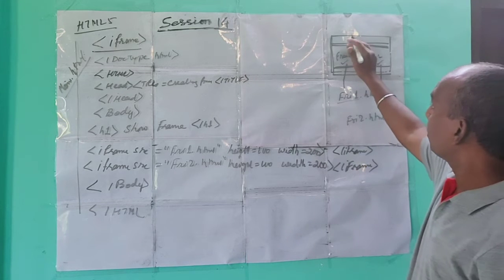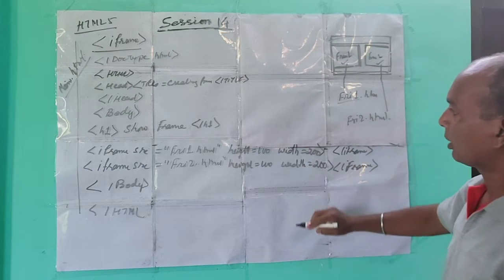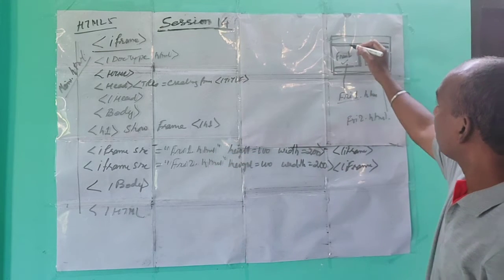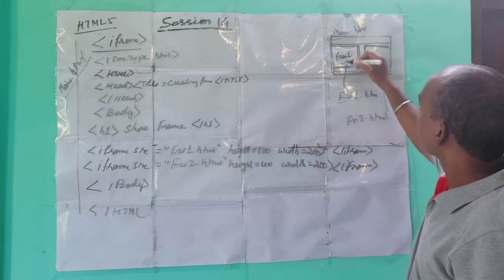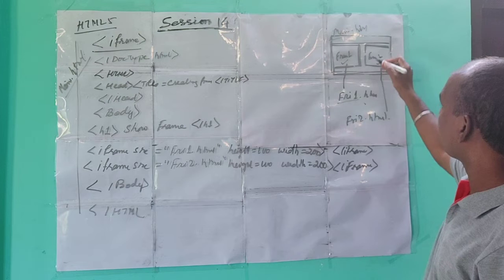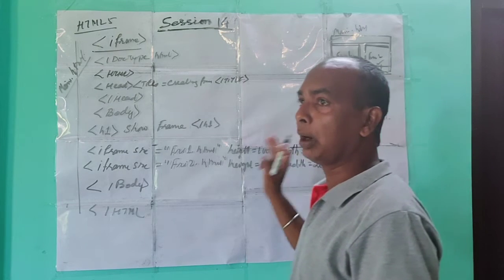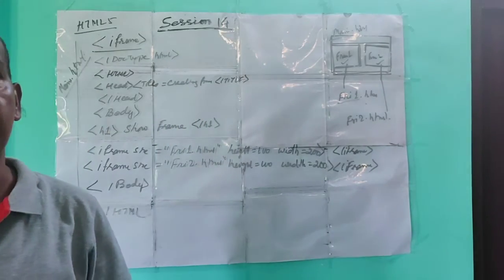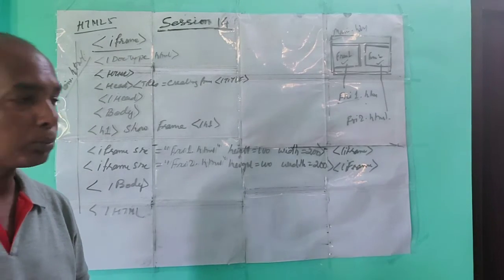So to create two frames under one web page, you have to create three notepad files. One for the main document, which will display the main document. Other ones for fri1 and fri2. This is the main file, main.html. This is fri1.html. This is fri2.html. So to display two frames under one web page, you have to create three documents.